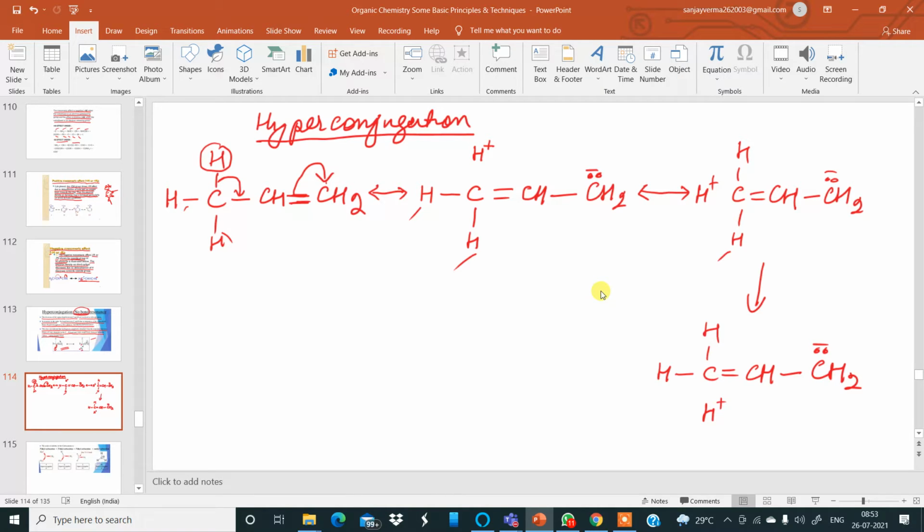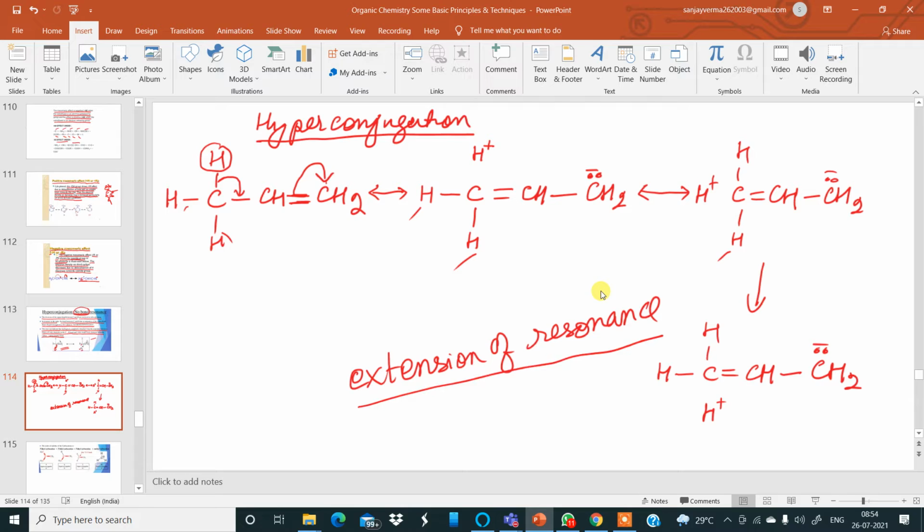Now this hyperconjugation effect is an extension of resonance. Remember this also. We can call it an extension of resonance. But resonance and hyperconjugation are different.